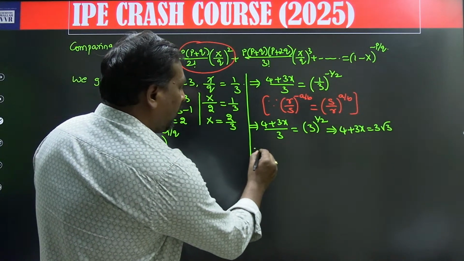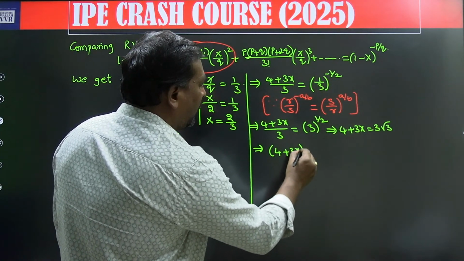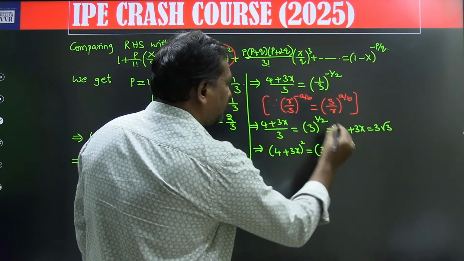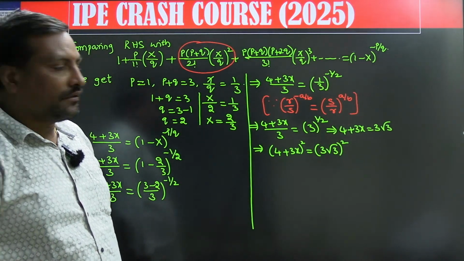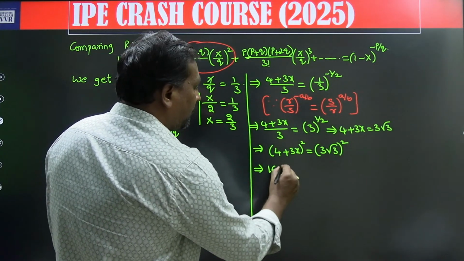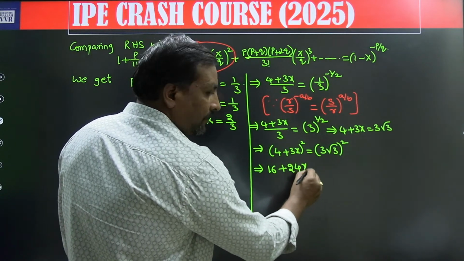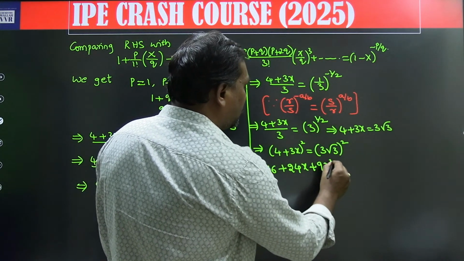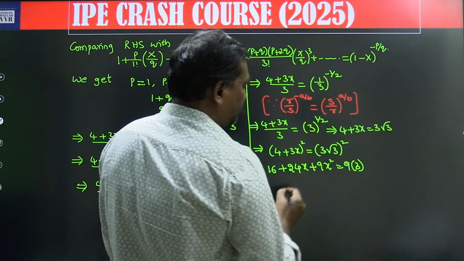Squaring on both sides, (4 plus 3x) whole square is equal to (3 root 3) whole square. Using the (a plus b) whole square formula, this is 16 plus 2 into 4 into 3x, which is 24x, plus 9x square, equal to 9 into 3.